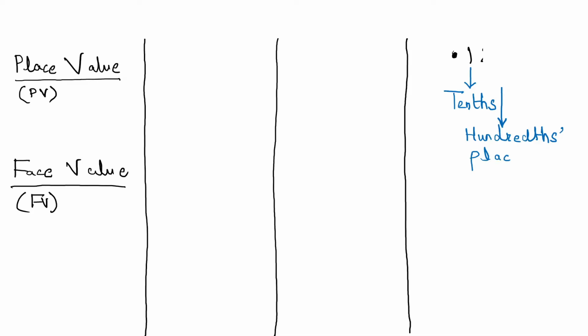And why are we using the word place? Because it has been placed in the hundredth place. And the third digit that we are writing here, incidentally, will be known as the thousandth, or we call it the thousandths placed digit.